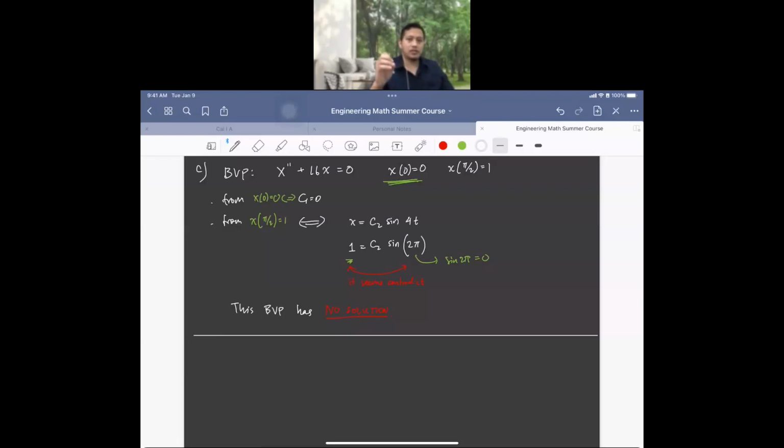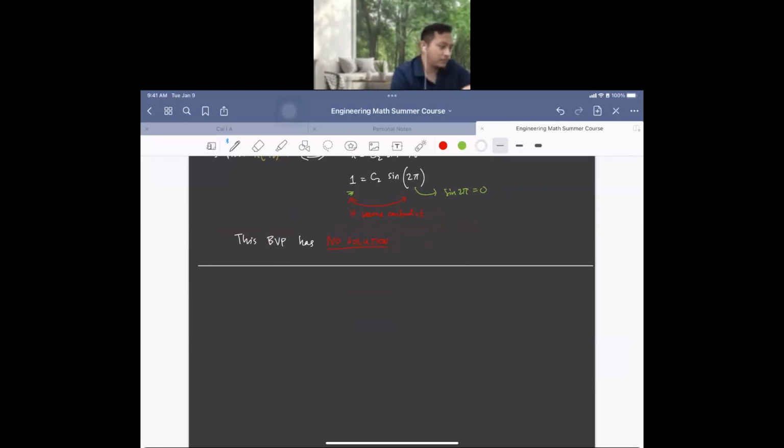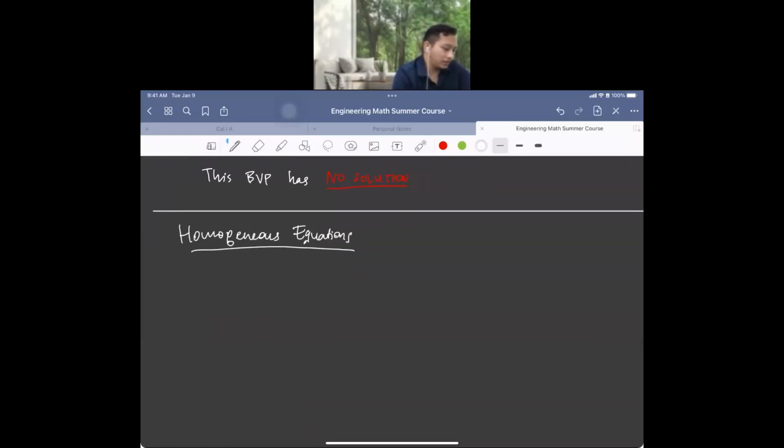Okay, let me give you another note, on higher order homogeneous equations.